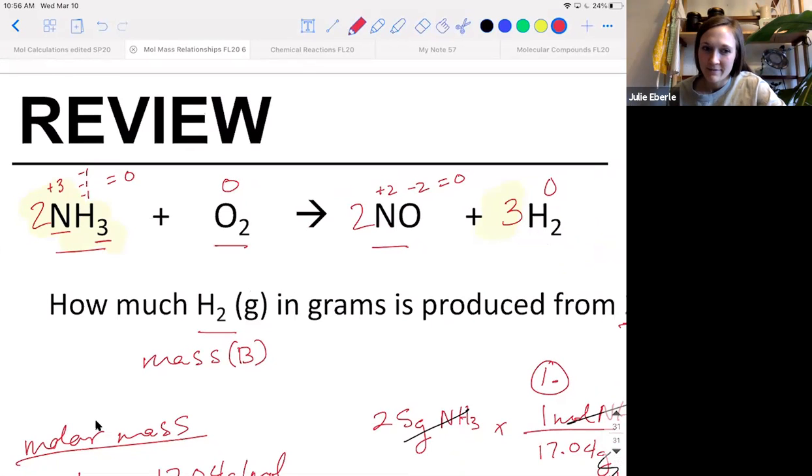So Allie, which one's being oxidized, which one's being reduced? This has got a lot going on, actually. I think all 3 things are changing.